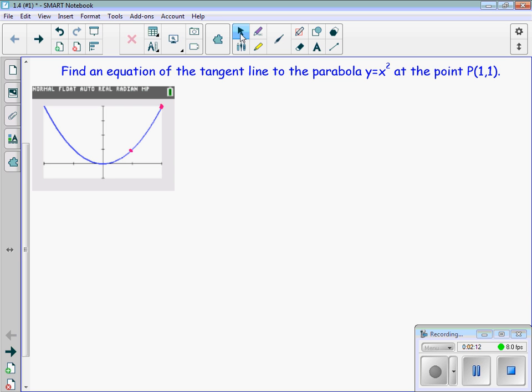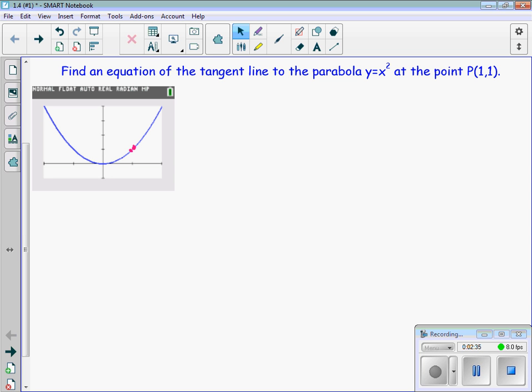And then I take this point and I slide it closer. Is that going to be more accurate or less accurate than the first line? More accurate, right? What happens as I continue to slide this closer and closer and closer? It gets more and more accurate, right?